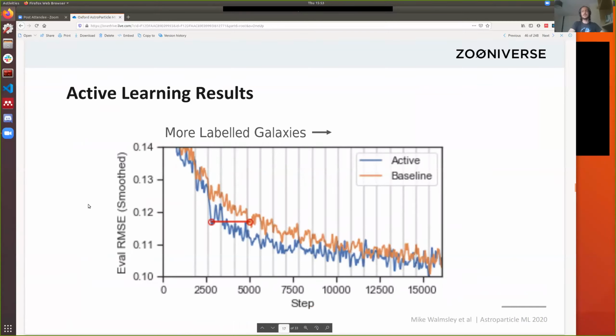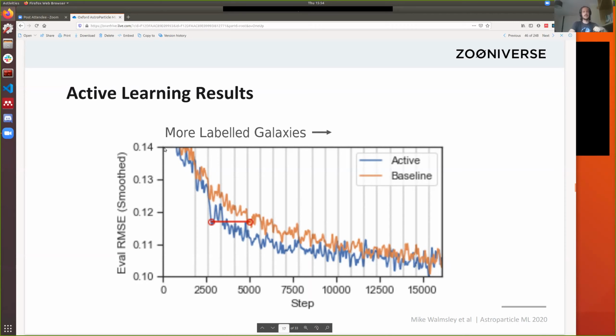Here's what happens running this in practice. If we simulate collecting more galaxies, with Galaxy Zoo 2 data, we compare selecting the next galaxies to learn from either randomly, that's our baseline in orange, or by our mutual information acquisition function in blue.